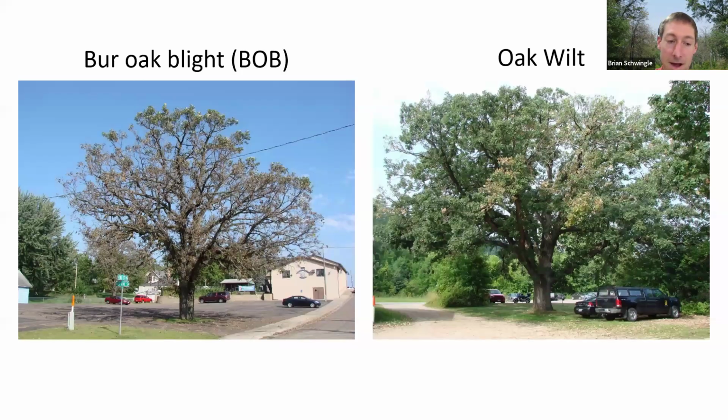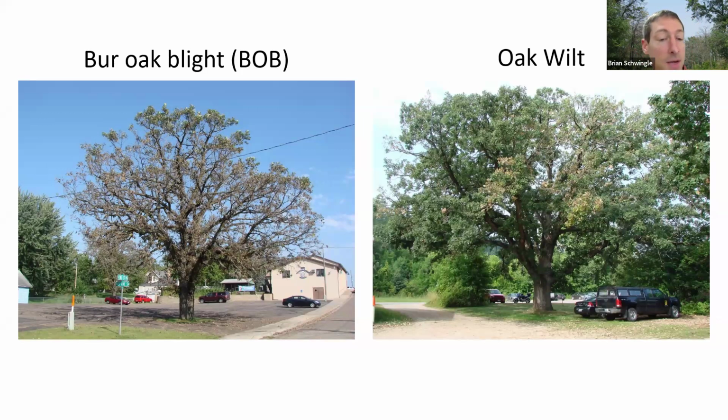Okay. Now, there are a few lookalikes, particularly when we're talking about bur oaks or white oaks. Bur oak blight is a fungal leaf disease that you can see on the left. Notice how the most severe symptoms are in the lower canopy, and the top of the tree looks fine. That tree on the left was taken in early September.